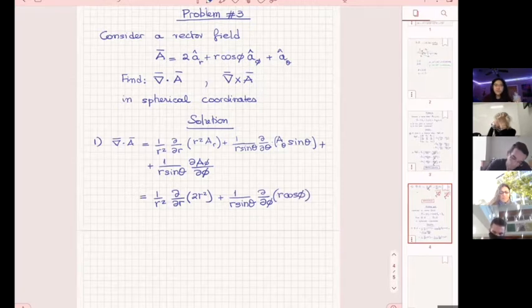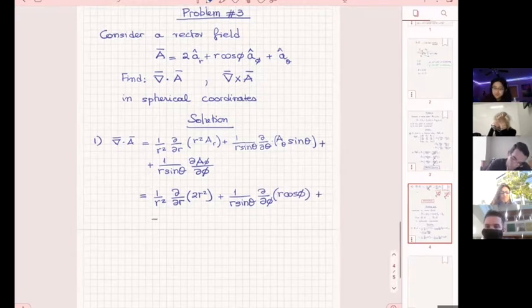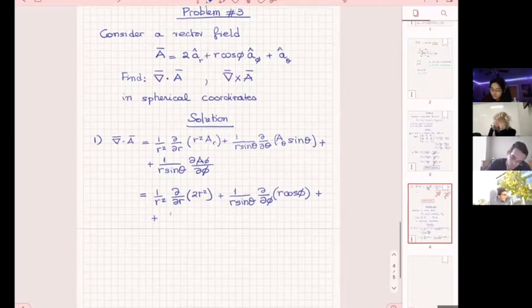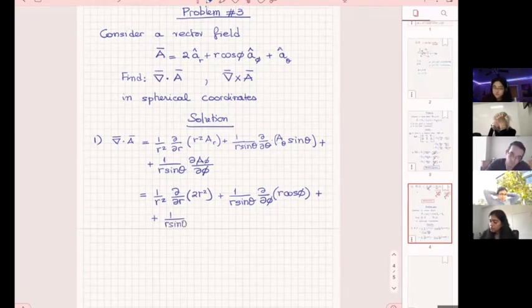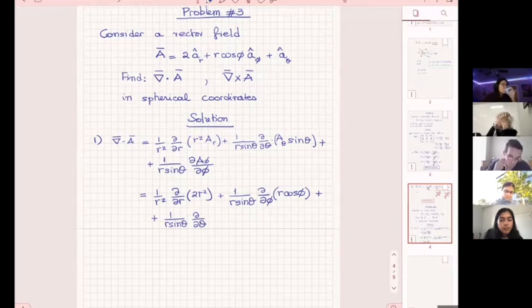And then plus the theta piece, 1 over r sine theta, partial with respect to theta. A sub theta is 1, so sine theta.